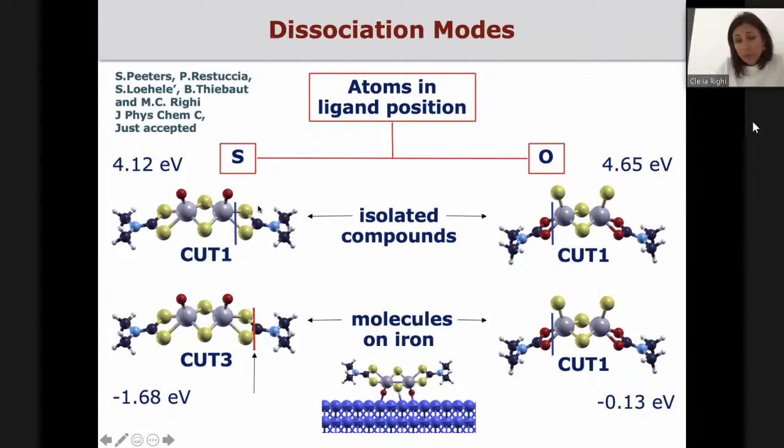If sulfur atoms are present in ligand position, the bonds that are broken are those between the molybdenum atom and the sulfur atoms, while the situation changes if the molecule is in contact with the substrate. Instead, for oxygen-rich compounds, the bonds that are broken are always between molybdenum and oxygen atoms, and the oxygen atoms remain attached to the carbon atom of the carbamate groups.